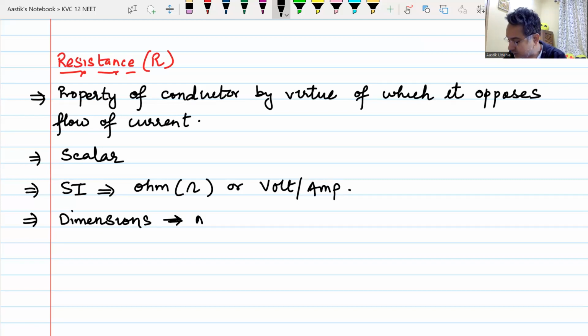Dimensions are M L squared T to the minus 3 A to the minus 2. Do not forget this. Dimension of resistance. This is a very important concept that you must remember.